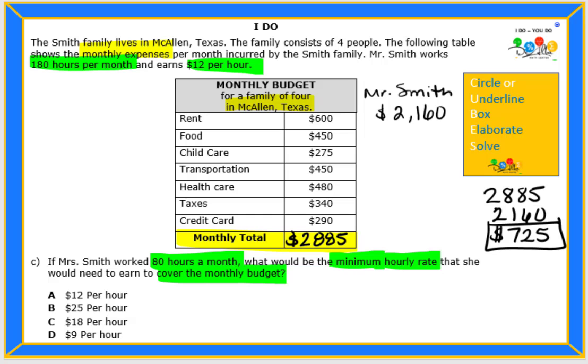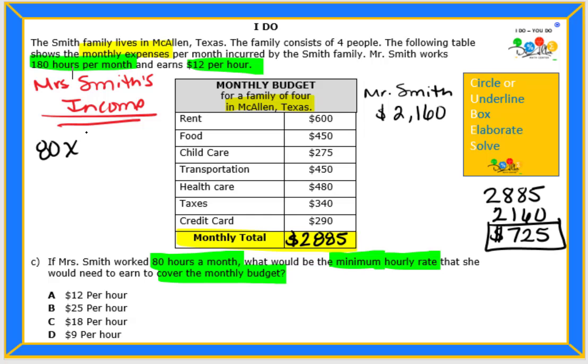Her income, Mrs. Smith's income, is going to be 80 hours at what rate so that the amount that she brings into the household will be greater than or equal to $725, because she's trying to cover the rest of the expenses for the month. So 80 times the hourly rate should be equal to or more than 725.